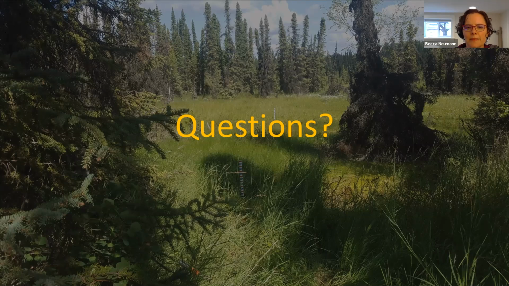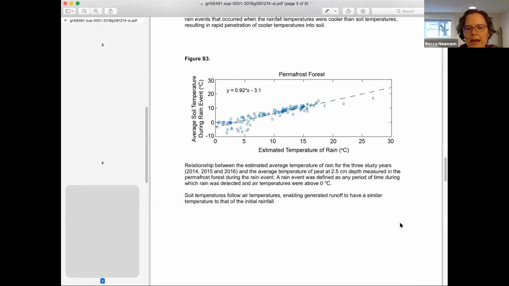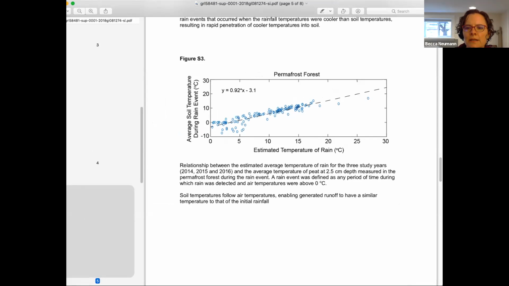Correct. So if I can share my screen. We actually had, see right here. Okay, so we had temperature sensors up in that forested plateau. And this is just showing the relationship between the estimated temperature of rain and the soil temperature in that permafrost forest that was measured during that rain event.